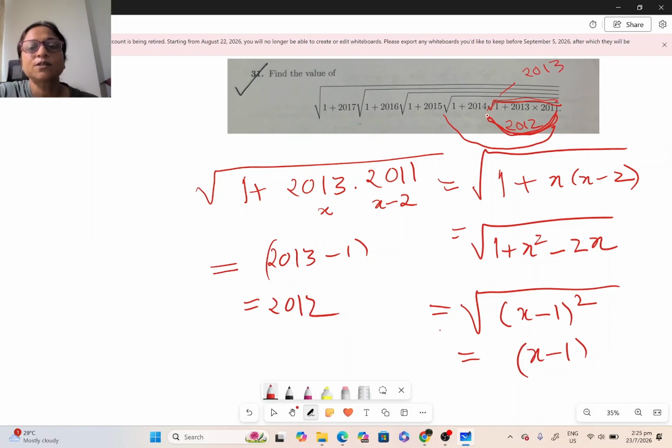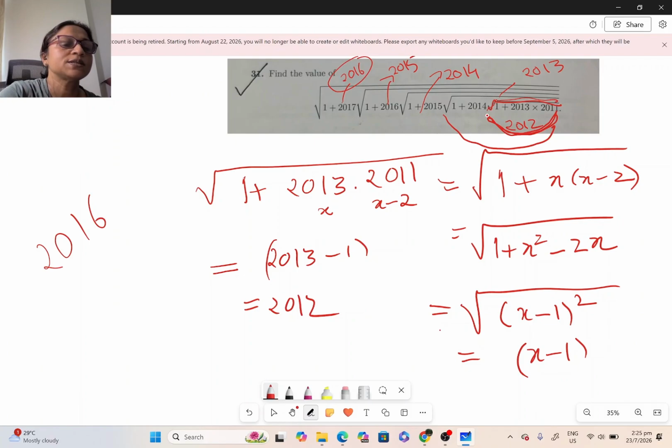Now we have 1 plus 2015 times 2013. The value of this inner one will be 2014, x minus 1, 2015 minus 1. Now the value of this one will be 2015, x minus 1. Similarly, the value of this will be 2016, and that's your final answer. So your final answer is 2016, right?